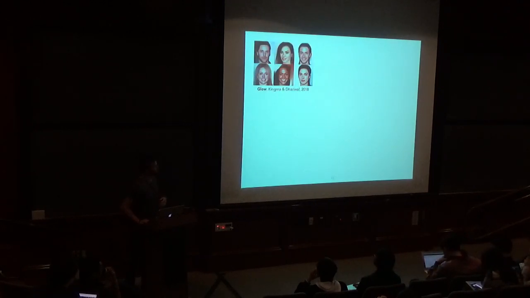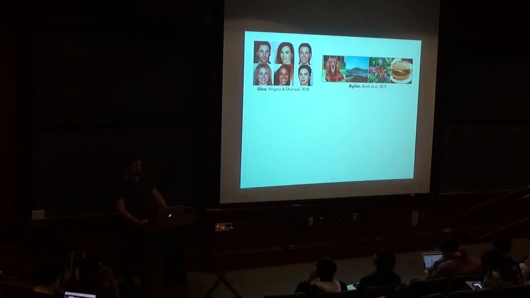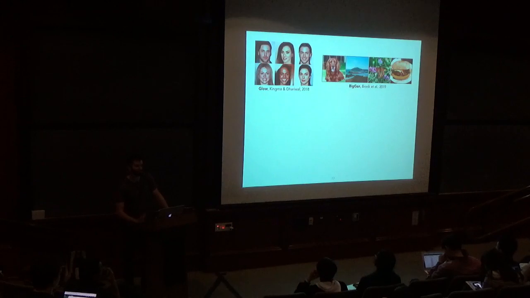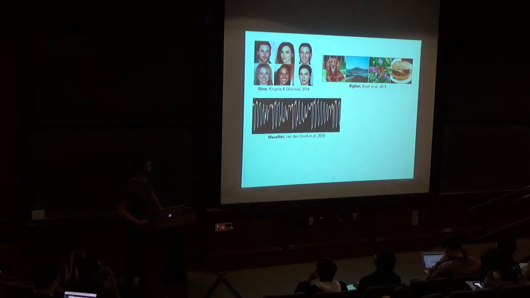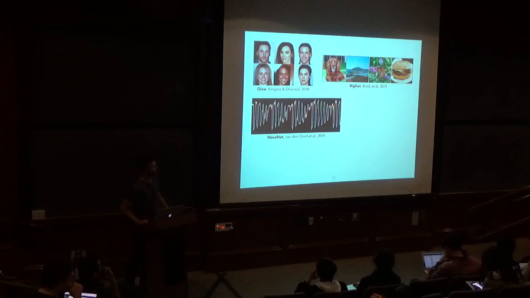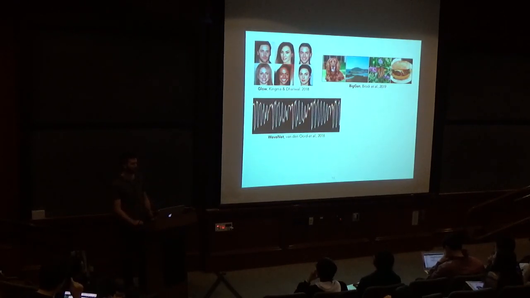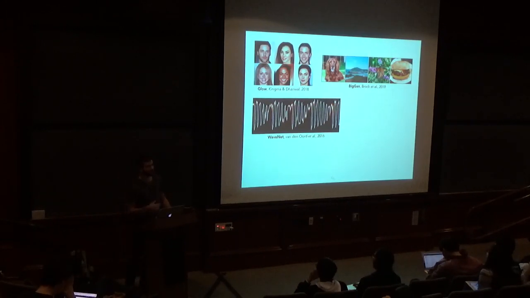And recently, we've been able to do this with things like images, where you have these very high-resolution images that we can generate that look almost indistinguishable from natural images, and yet these images are totally generated by models. We can do very similar things for speech data, where, like the voice on Google Assistant is generated by a model.